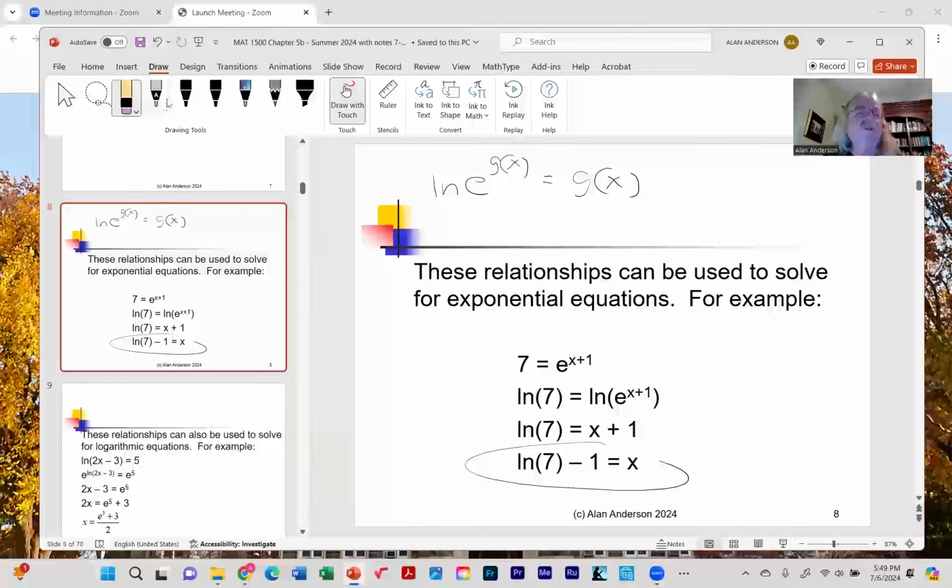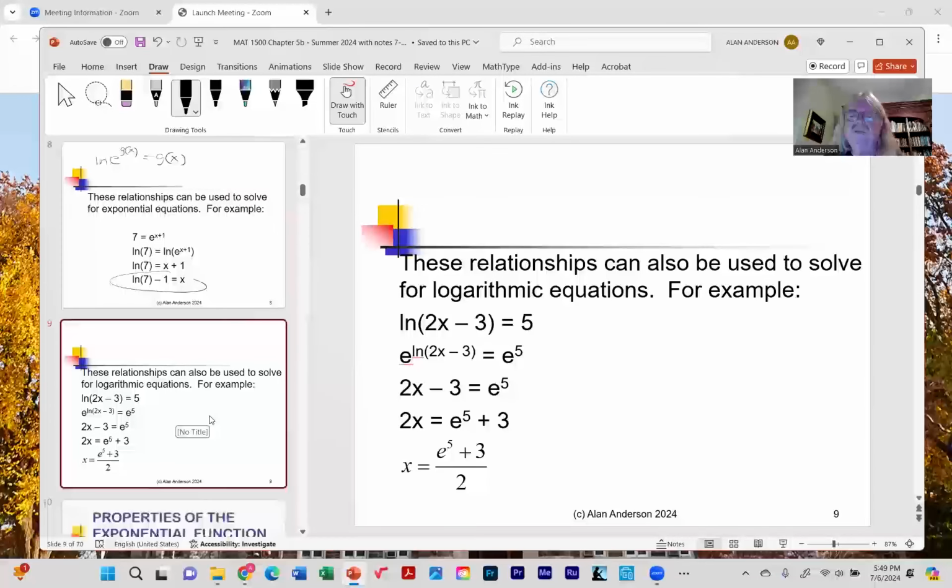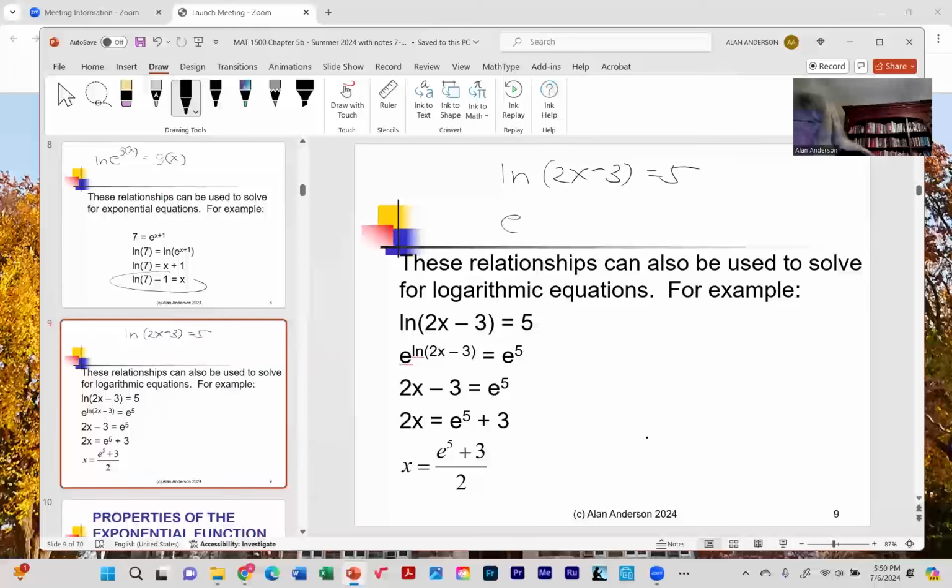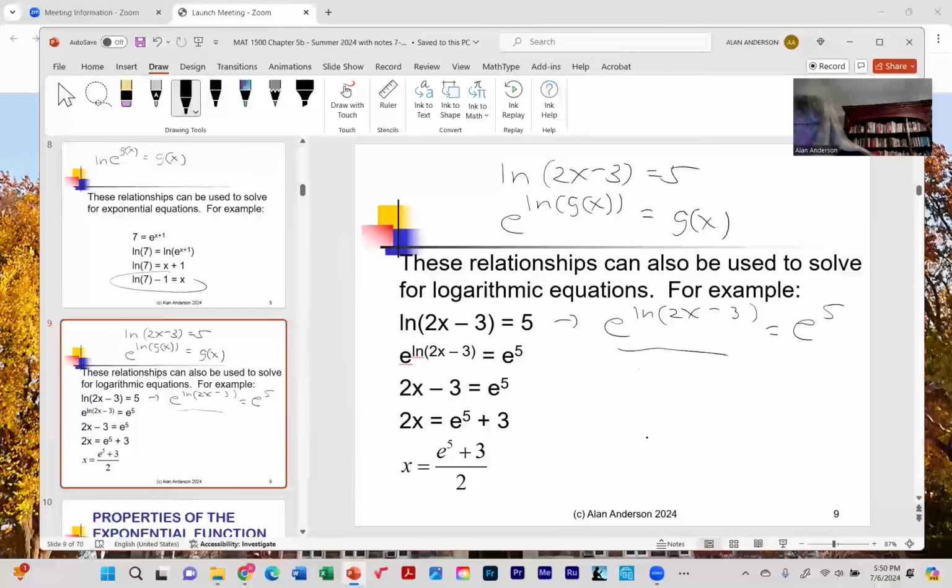All right, so let's try another one of these. Suppose we start with a logarithmic equation. Now look what we can do. So keep in mind, e to the log of g of x is simply g of x. So look what we can do. And then, of course, this reduces to 2x minus 3.